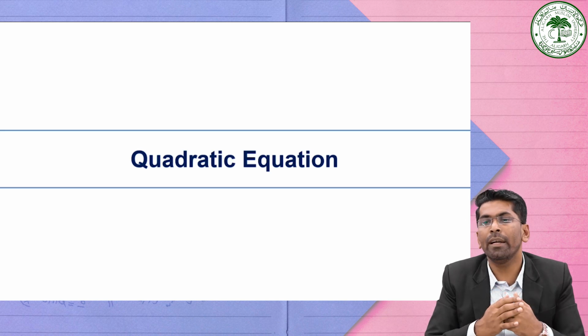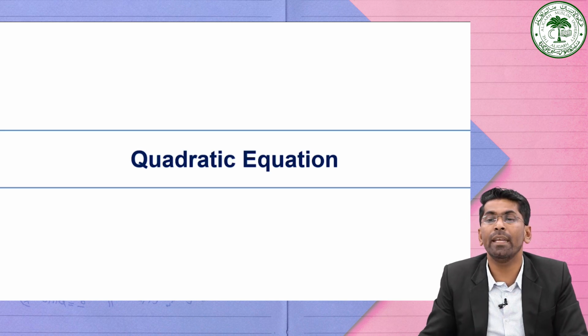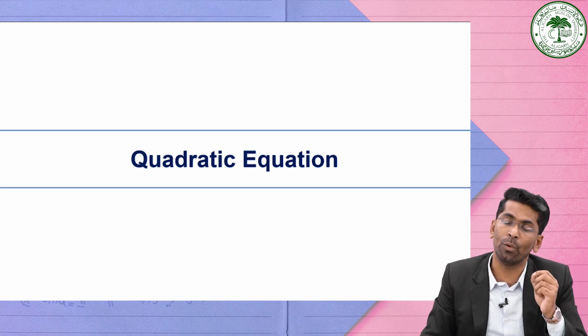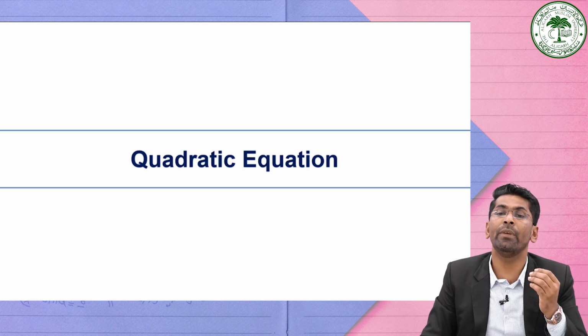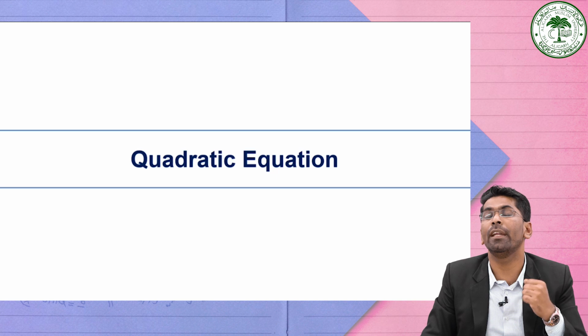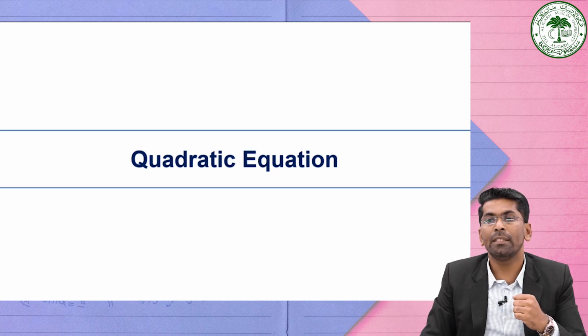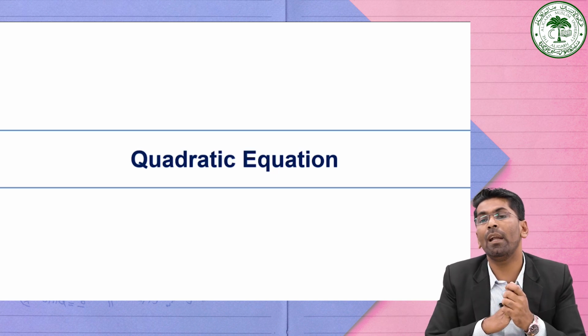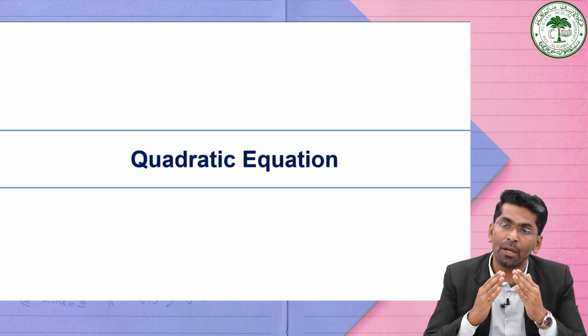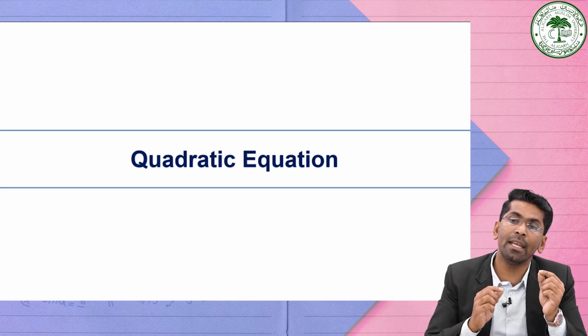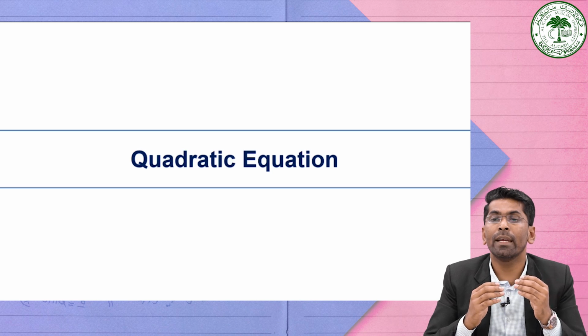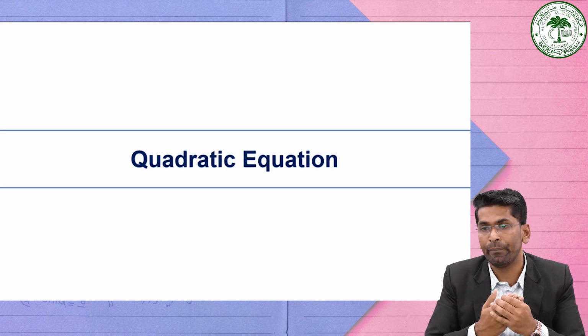As we have already defined earlier, a quadratic equation is a non-linear equation. I hope you know the difference between linear and non-linear equations. Linear and non-linear equations are differentiated by looking at their degree, or their linearity.